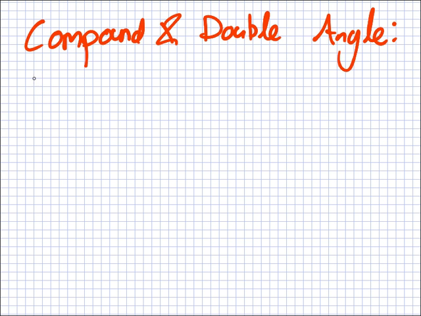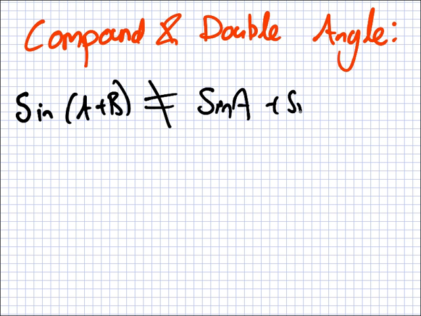So the first formula I want to show you is how do you calculate sine of A plus B? Now, I'll tell you what it's not. It's not going to be sine A plus sine B. Okay. That's wrong. We all at least know that, so that's good.